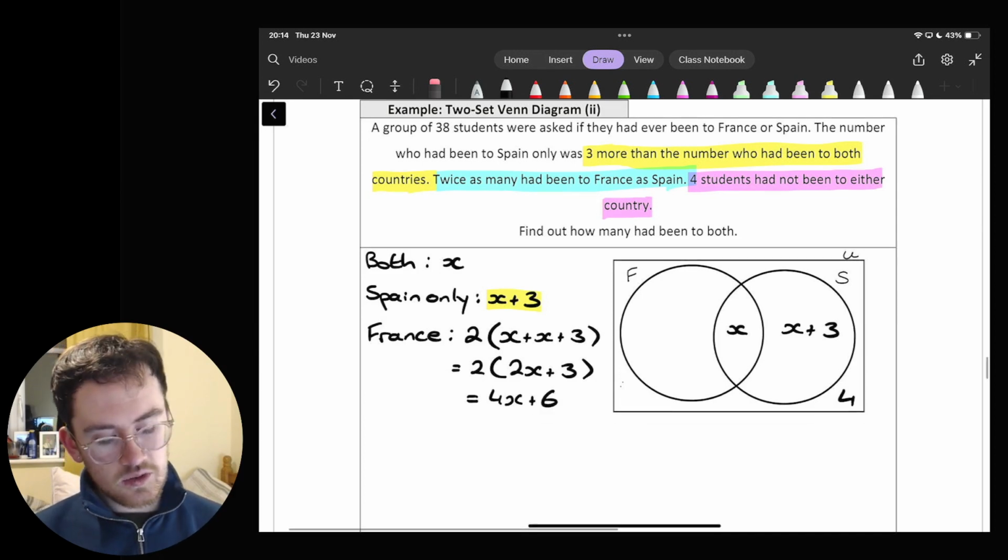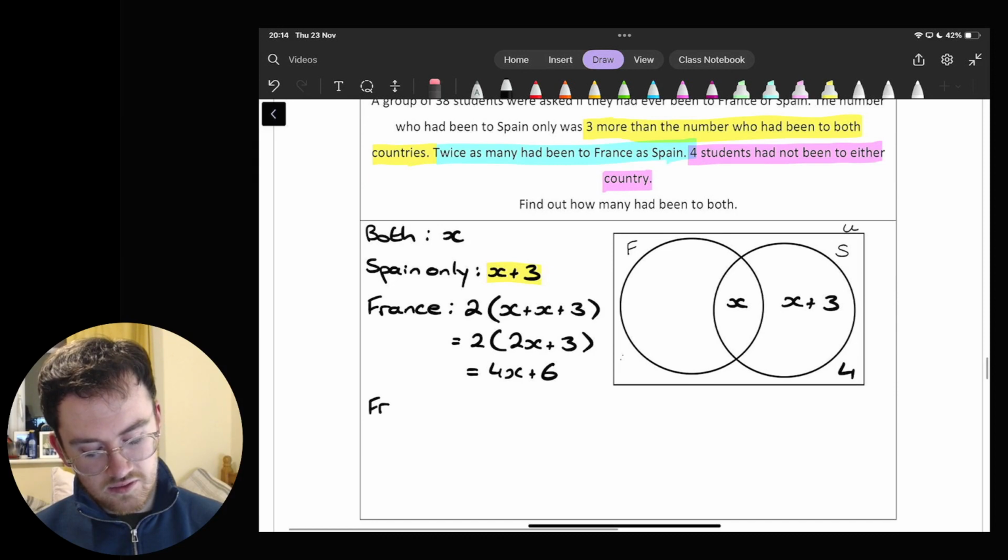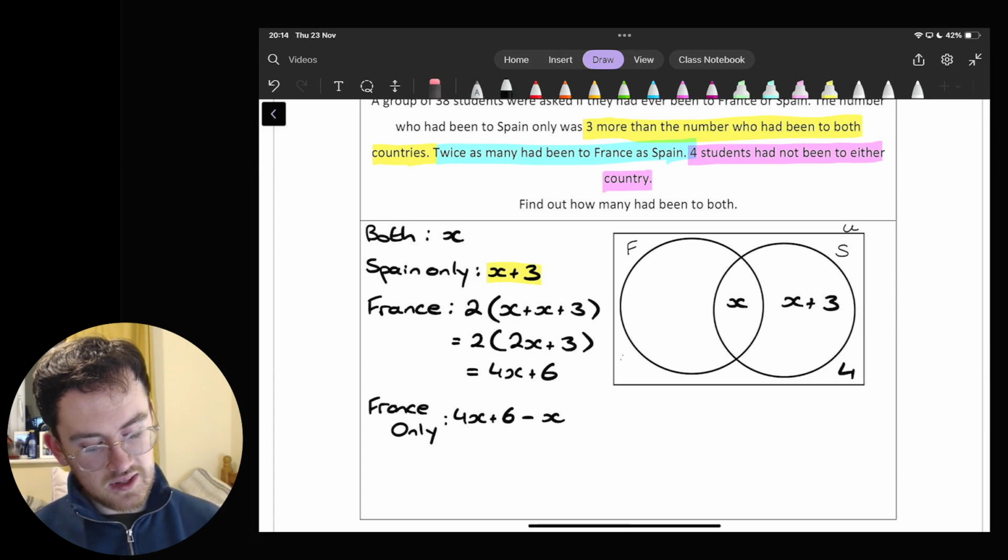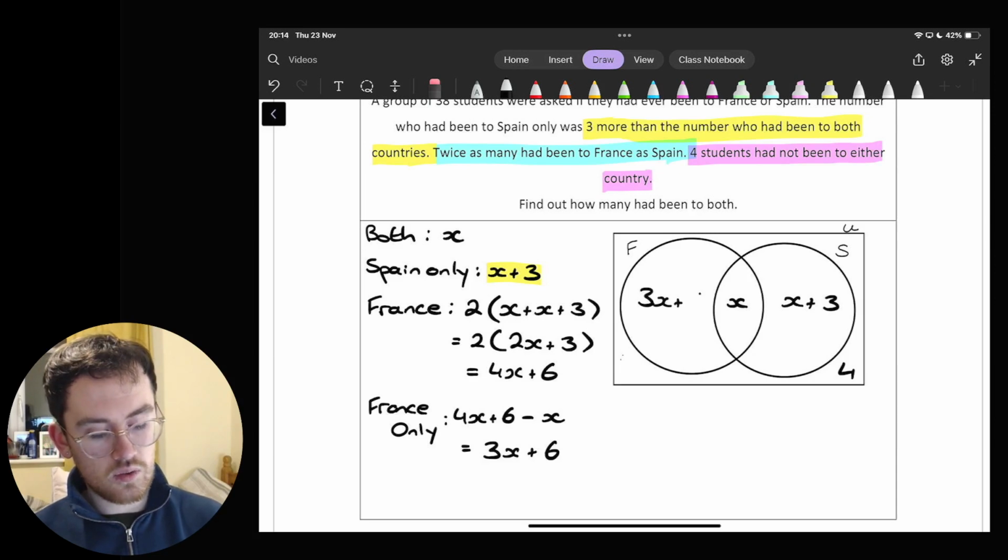Now we don't want France altogether, we just want France only. So we take the 4x plus 6, remembering that's a total, and take away x because that's the middle part, and I get 3x plus 6. That's how many people were in France only.